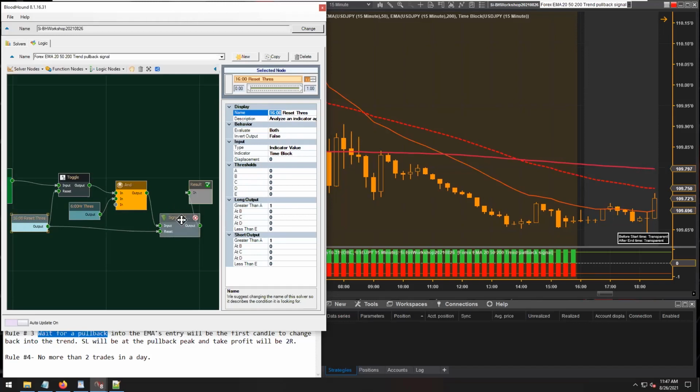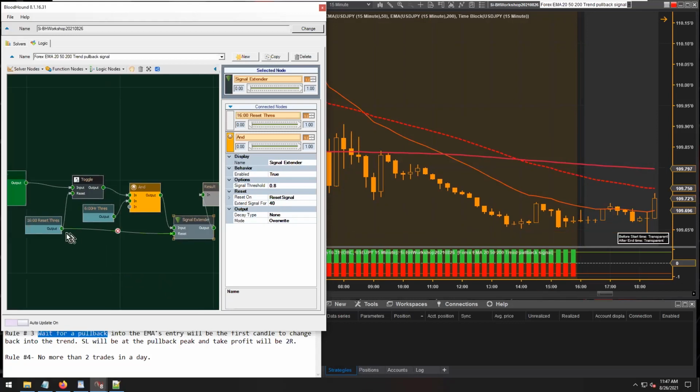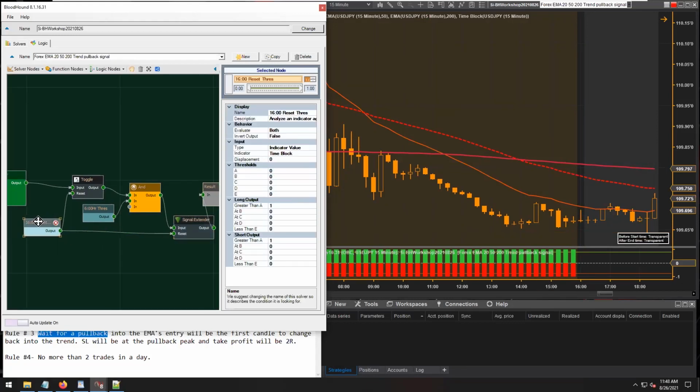And with the signal extender, if you get a reset signal coming in, the signal extender turns off on that bar. So we need to actually delay our reset signal coming into the reset connector.